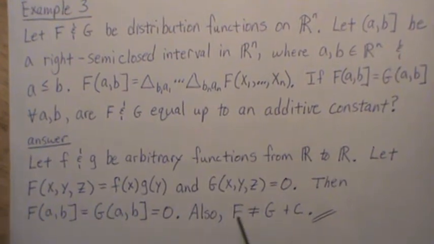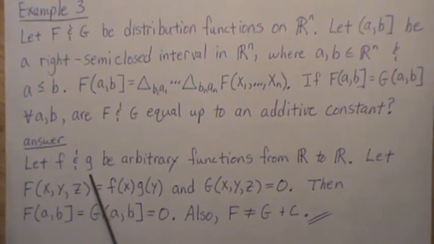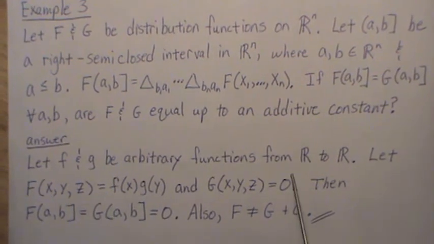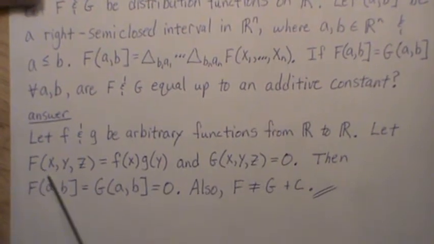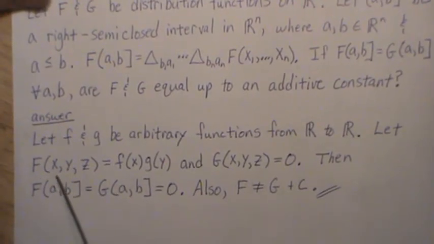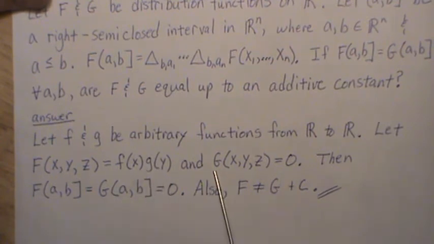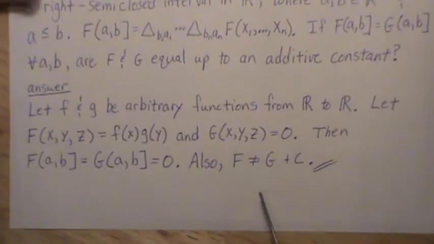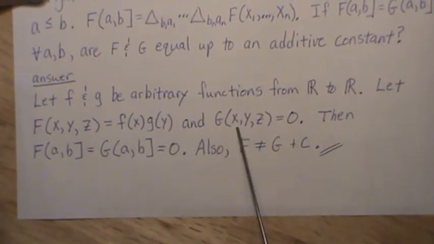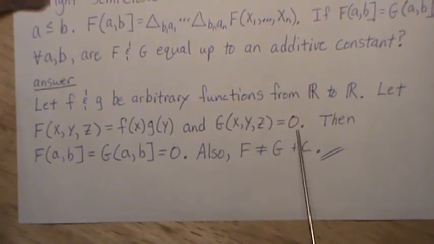So let f and g be arbitrary functions. Now remember, this is not capital F or capital G, it's little f and g. So they're just functions from the reals to the reals. And if we let the distribution function F of x, y, z just be f of x, g of y, and then let capital G just equal 0 for all values, then notice F is increasing, right? Because it's greater than or equal to 0 for all x, y, and z.